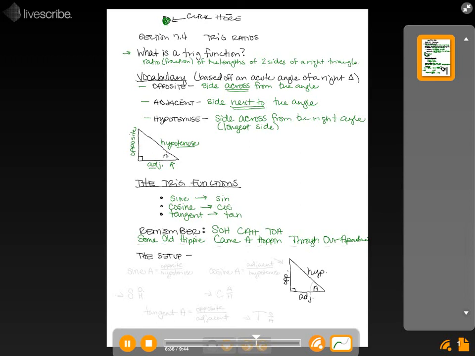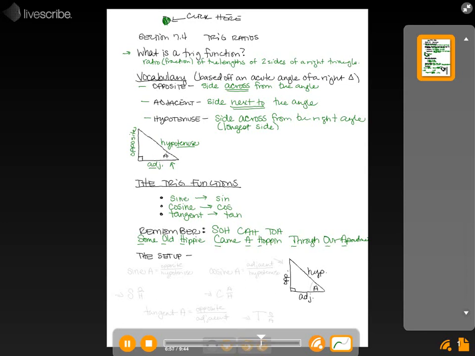SOHCAHTOA basically takes the first letter of every word in this sentence. Some old hippie, S-O-H, came a-hoppin', C-A-H, through our apartment, T-O-A. That gives us SOHCAHTOA. Either one of those you can remember, and that's going to help you set up these trig functions. Okay?